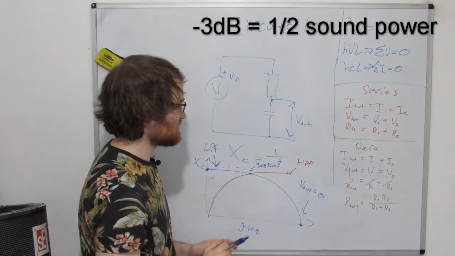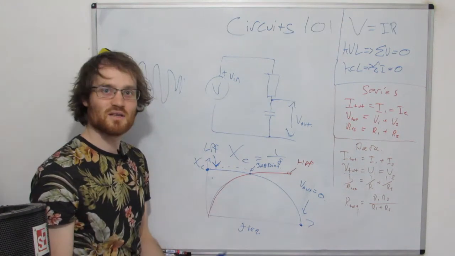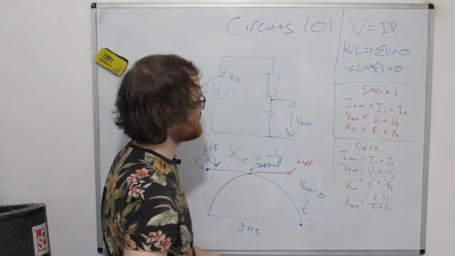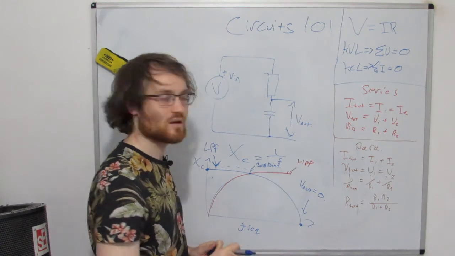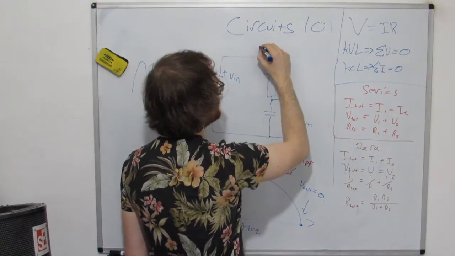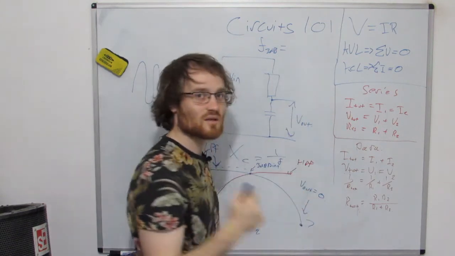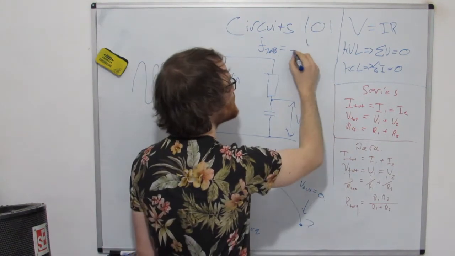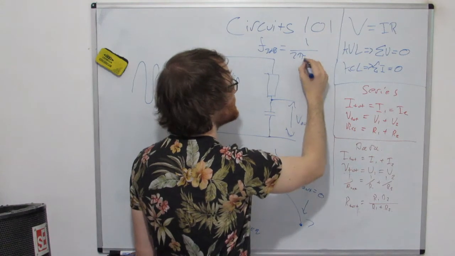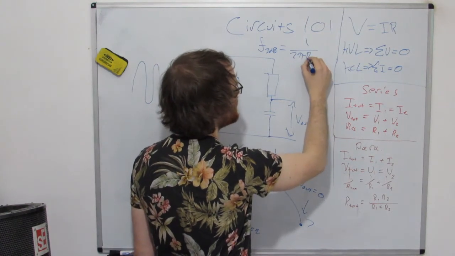And that's how we describe the cutoff frequency of a filter. The frequency of the 3 dB point is given by the equation 1 over 2 pi, remember this, RC.